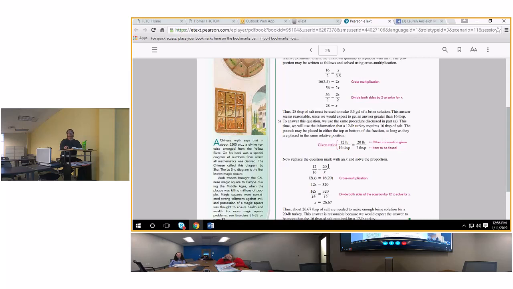So you put the 20 on top because it's pounds. 16 tablespoons of salt to a 12-pound turkey, X tablespoons to a 20-pound turkey. And then you cross multiply and solve. Now we're going to get into these in Unit 2. These are the questions we get into with Unit 2. So we're going to see these again, only it's going to be a little bit more in depth with the algebra.